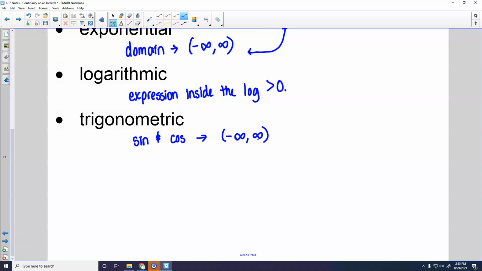I really don't want to list all of these out because for the trig functions they're repetitive. They'll have vertical asymptotes, spaced out at different intervals. So I'm just going to say that tangent, cotangent, secant, and cosecant have vertical asymptotes.